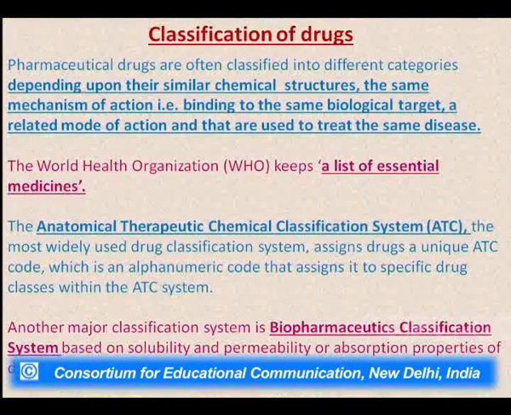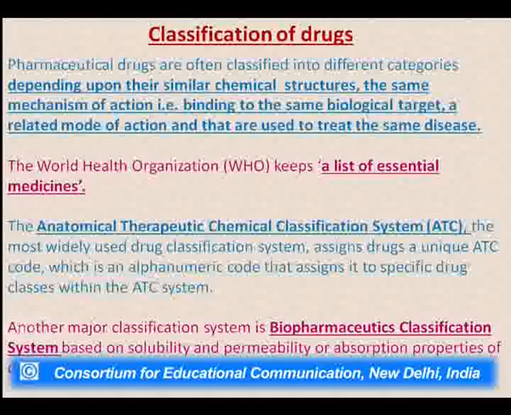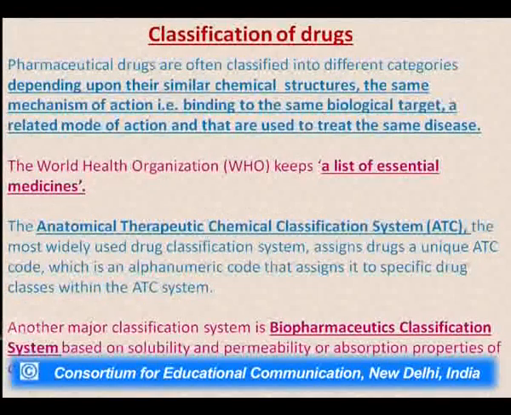Now, after discussing the dose, we will come to the classification of drugs, that is, how these drugs have been classified into different categories depending upon similar chemical structures, the same mechanism of action, that is how they bind to the same biological target, related mode of action, and that are used to treat the same disease. The World Health Organization, WHO, keeps a list of essential medicines which are required worldwide for a similar disease.